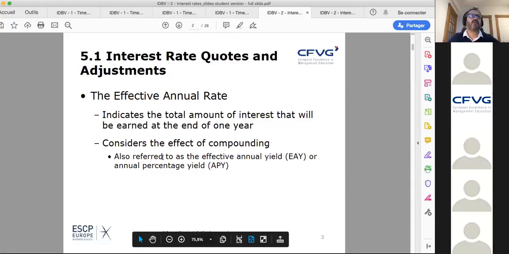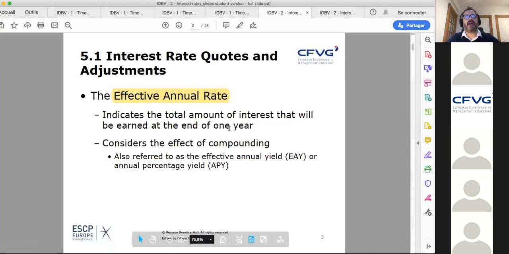Okay, so coming back to the PDF document, we firstly discuss the effective annual rate. So EAR, it's an annual rate. Usually rates are given on a yearly basis. So we're going to have two types of yearly rates, and then we will try to transform that to a monthly rate using two different approaches.